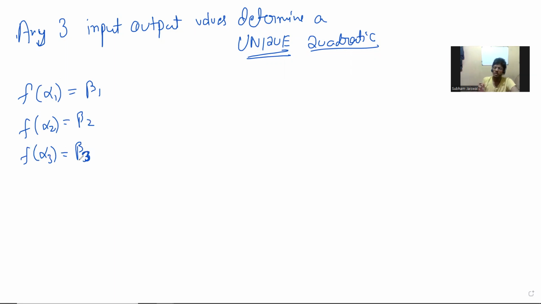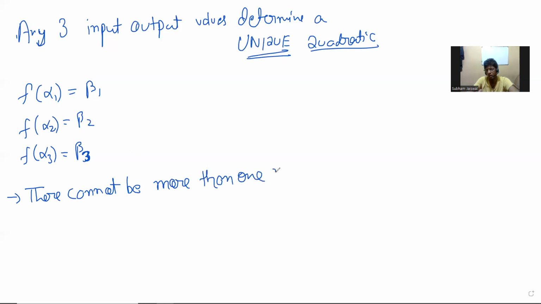So there are two aspects to this, right? Let's first try to show that there cannot be more than one quadratic.